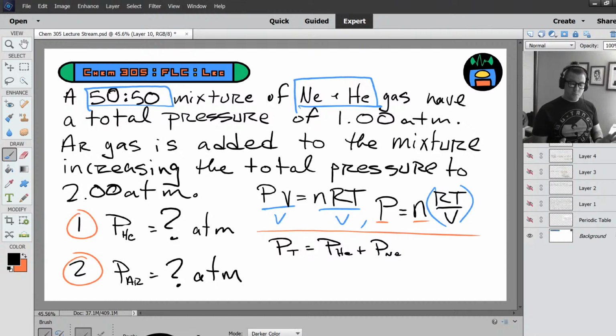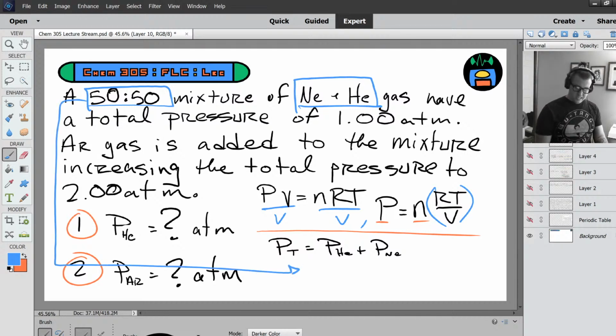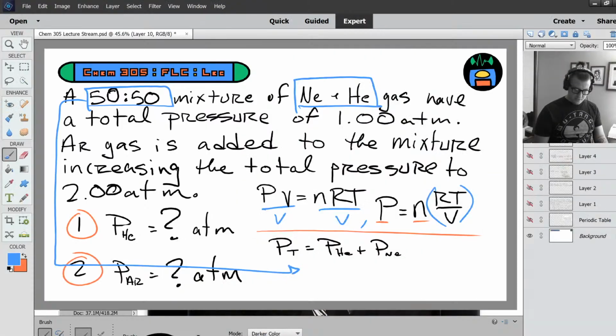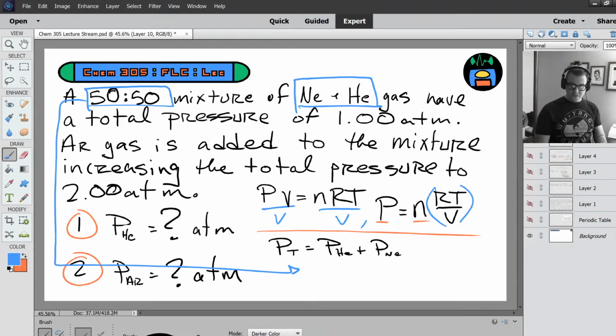Because they're present in equal amounts, a 50-50 mixture, the partial pressure of helium is 1/2 of the total pressure, and the partial pressure of neon is the other half of the total pressure. All right, so our total pressure is 1 atmosphere.